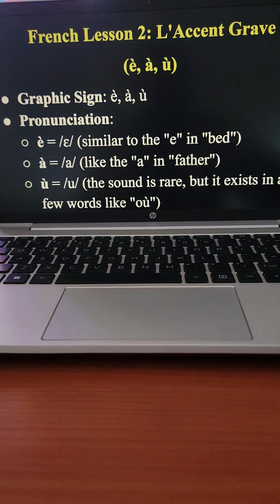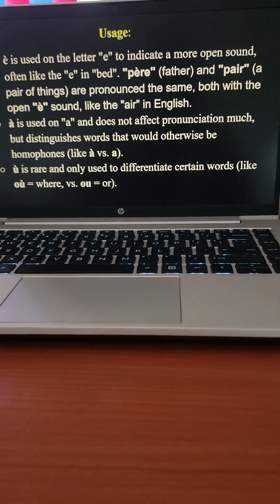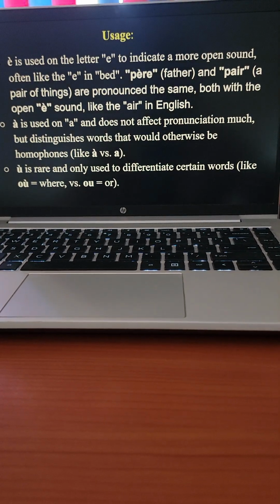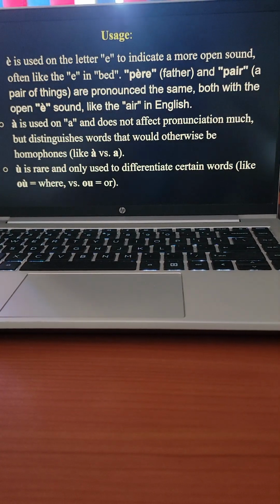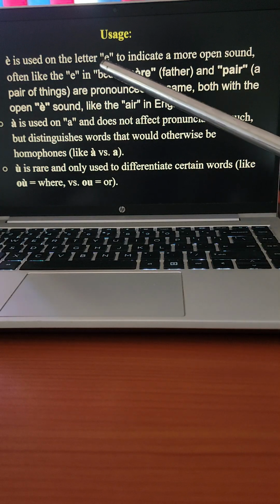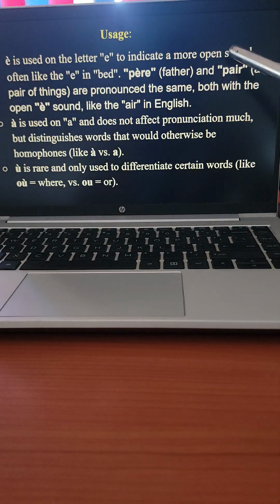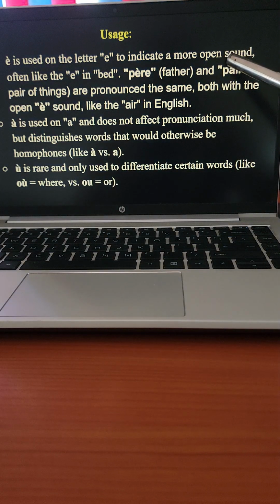If you go to the next page, it will be talking about, I don't know if you're able to see that clearly. Let me zoom it that way, then explain. You see, the accent grave is used on the letter E to indicate a more open sound.